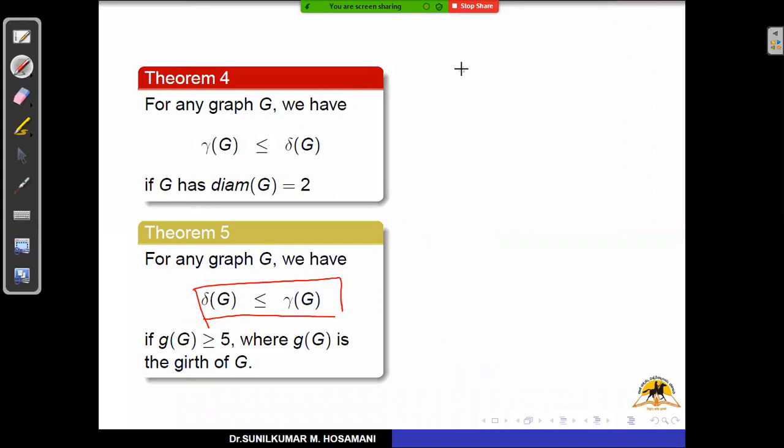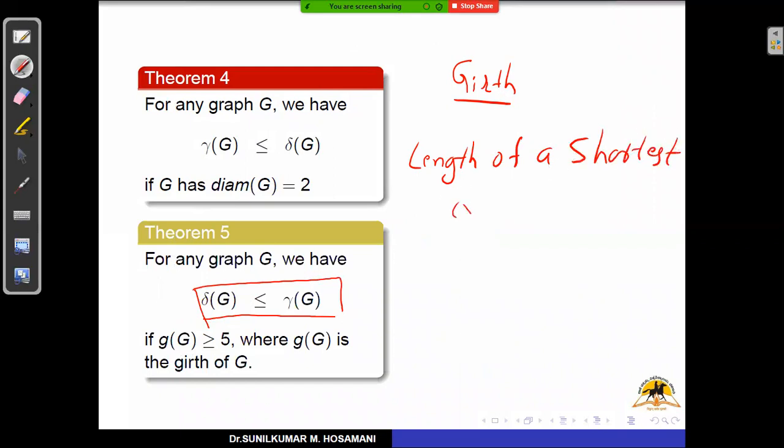So this is a new word we have not used in my previous lecture. So girth means the length of a shortest cycle here. Okay. So here next we have obtained bounds which are related to minimum degree and girth.